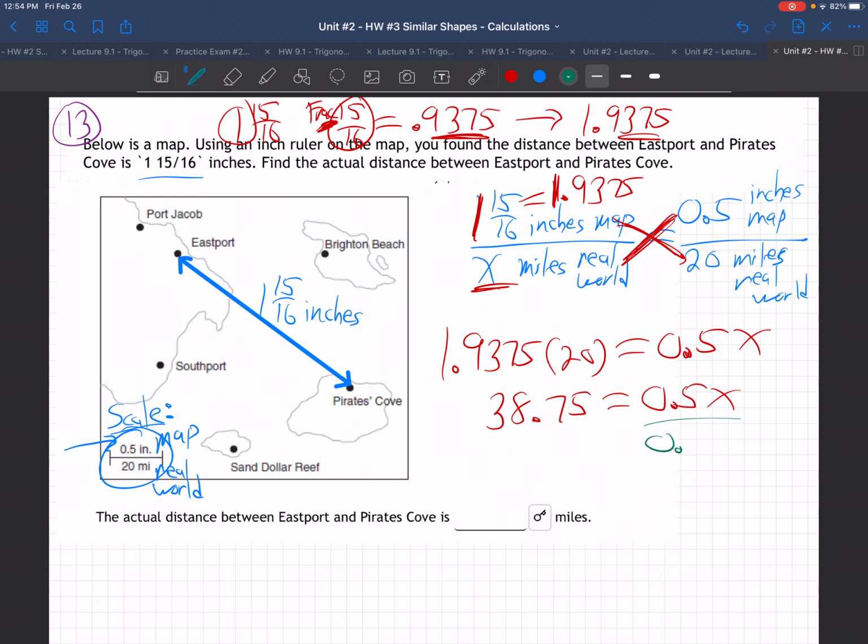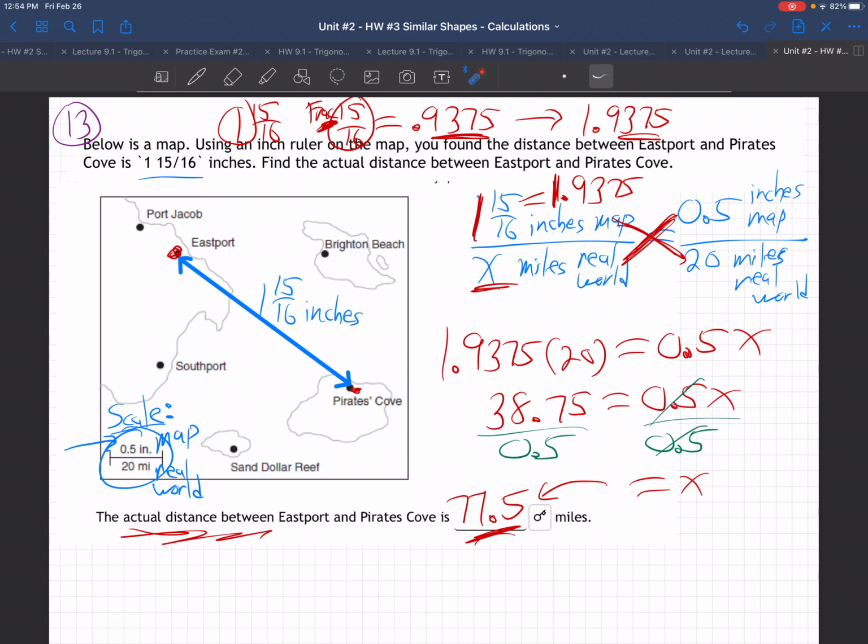Last step, divide by the 0.5 to get x alone. And I'm getting 77.5 miles. So the actual distance in the real world between Eastport and Pirates Cove must be 77.5 miles.